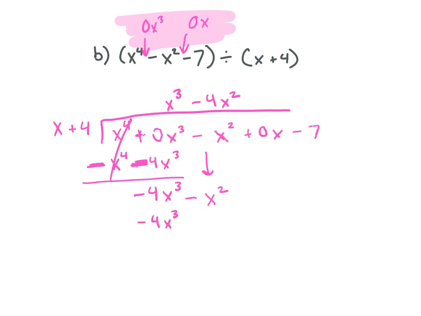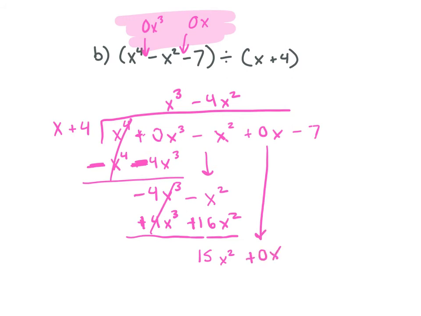Negative 4x squared times 4, negative 16x squared. What do we do next? Change the signs. These cancel. What's negative x squared plus 16x squared? 15x squared. We can drop down the 0x.